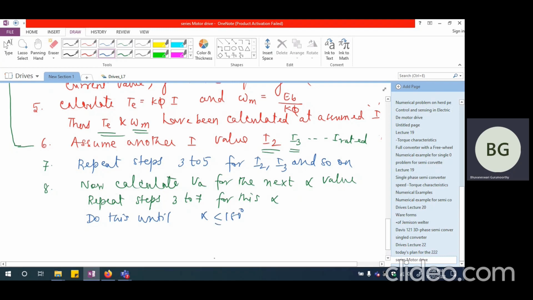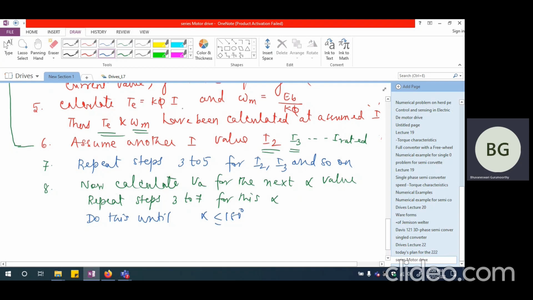So you are going to do it for alpha equal to 30, 40, 50, 60, and so on until probably alpha equal to 120, 150, and so on. So you would be able to get the characteristics offline for a series motor drive.